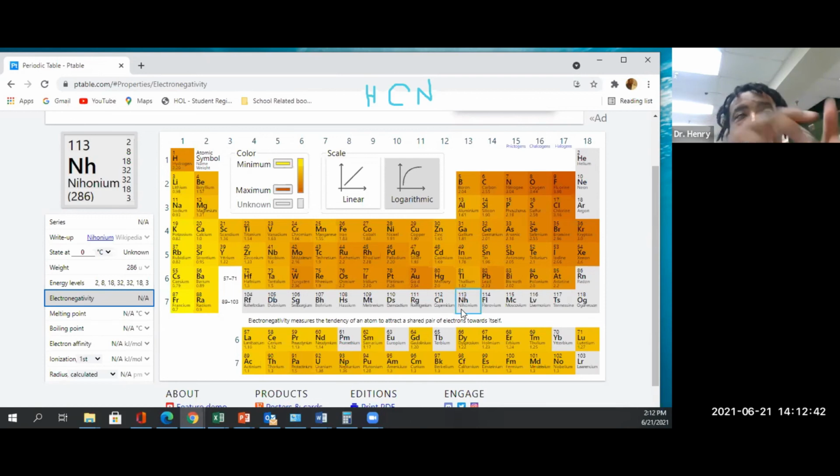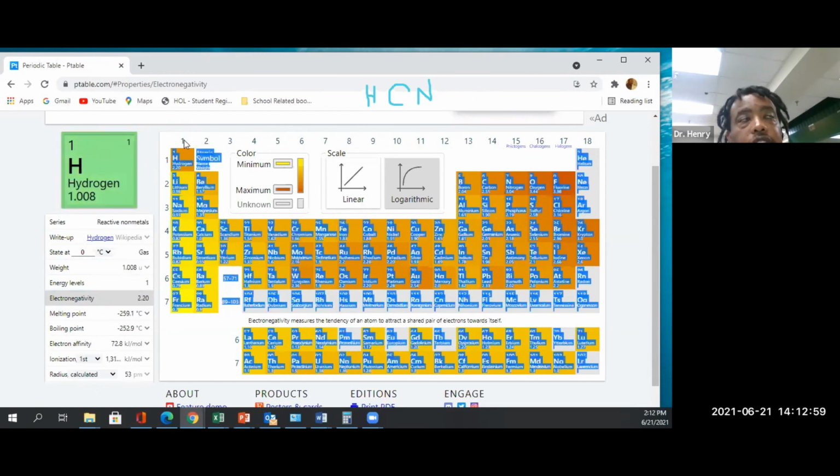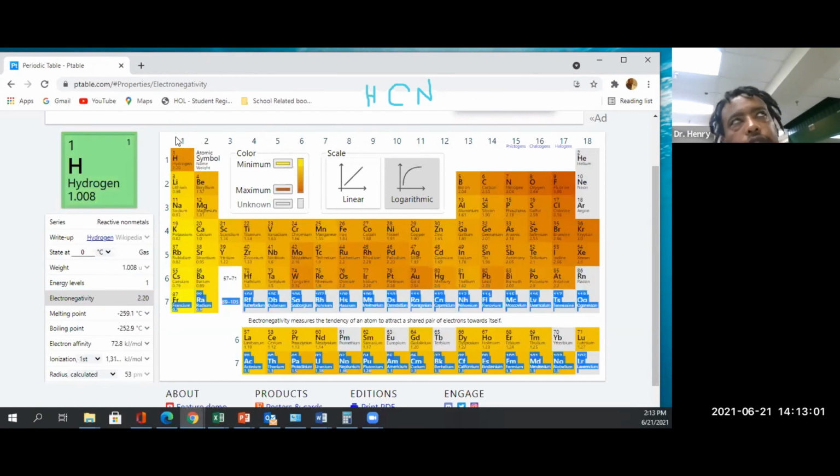If we look on the periodic table, there's a general trend. As we go from left to right, the electronegativity increases. As we go from top to bottom, the electronegativity decreases. So you get weaker electronegativity as we go down.